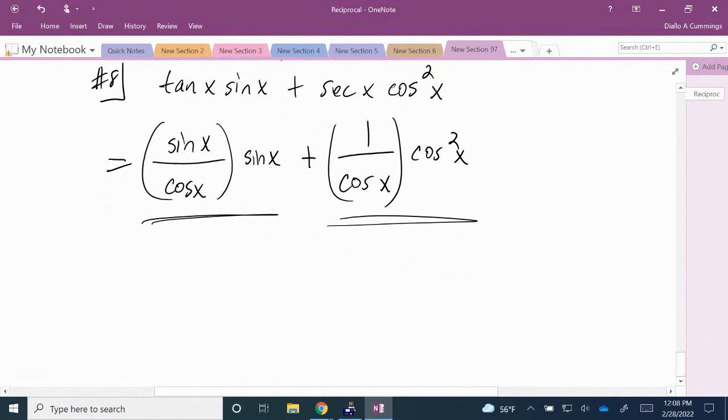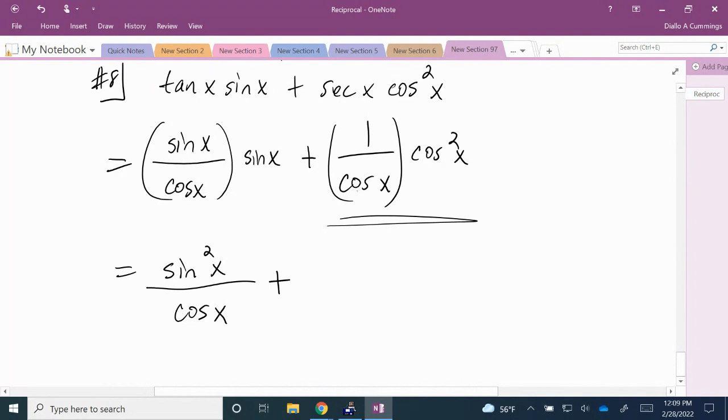All right, so looking at the first term, right, I can't cancel anything. So I'm going to multiply sine x times sine x. So that's going to give us sine squared x divided by cosine x. For the second term, notice I have a 1 divided by cosine x times cosine squared x.